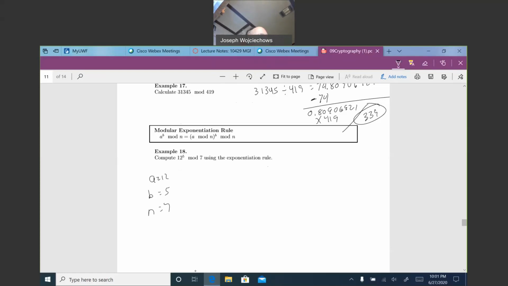Essentially, we can rewrite this as 12 mod 7 to the 5th. So 7 goes into 12 once, with a remainder of 5. So 12 mod 7 is 5, to the 5th.